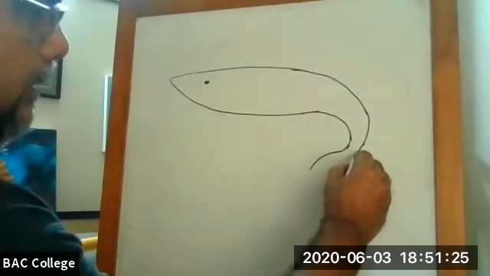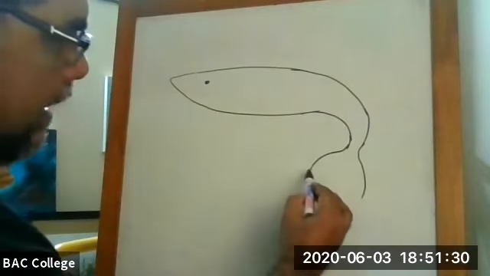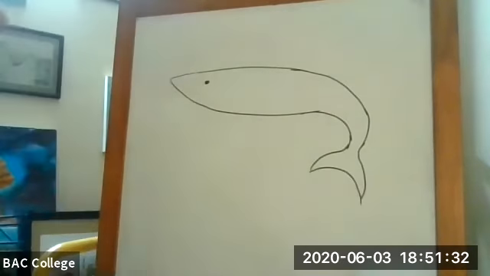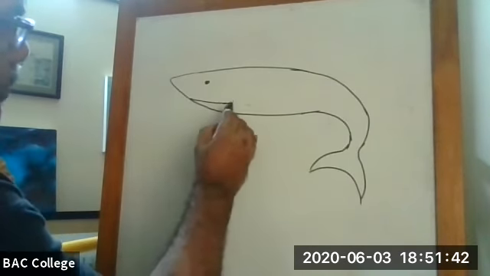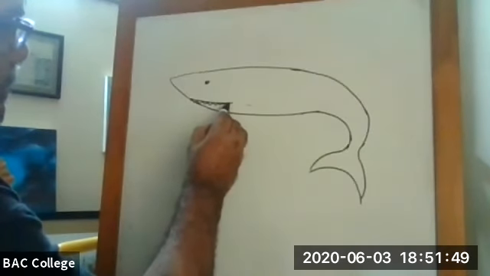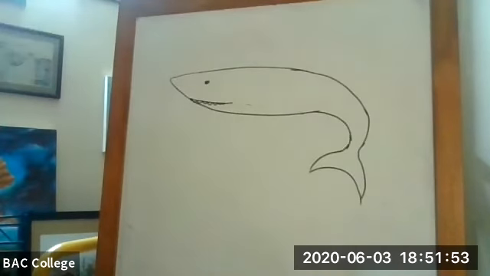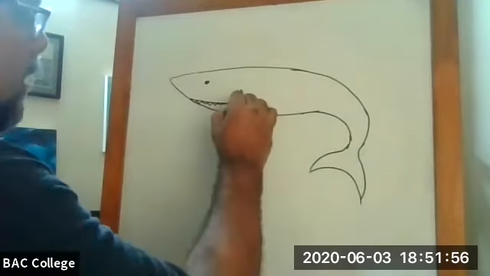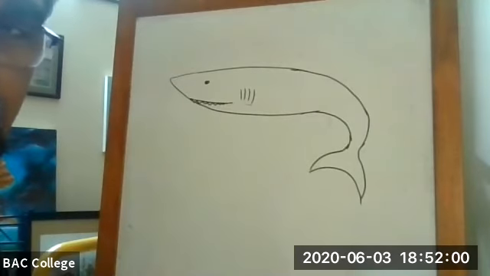And the tail comes out like that, and then it goes back in. Okay, and then you get the mouth, and you can see a little bit of the teeth of the shark, right? Now, we can also get the fins here, where the sharks breathe.